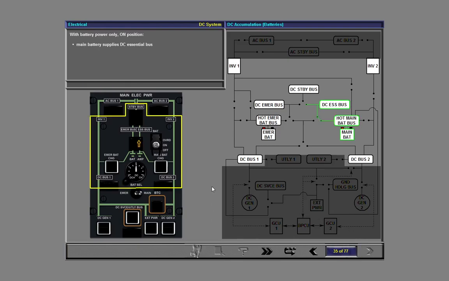With the battery as the only source of power, the main battery supplies the DC essential bus, the DC standby bus, and static inverter 1. The emergency battery supplies the DC emergency bus.